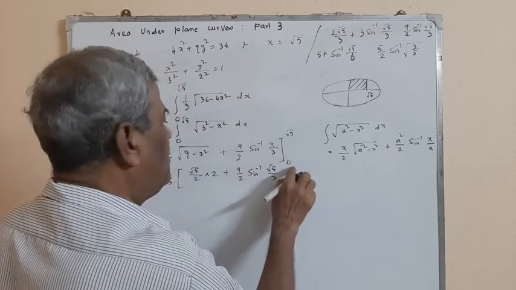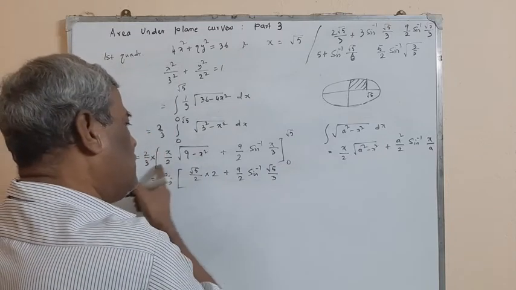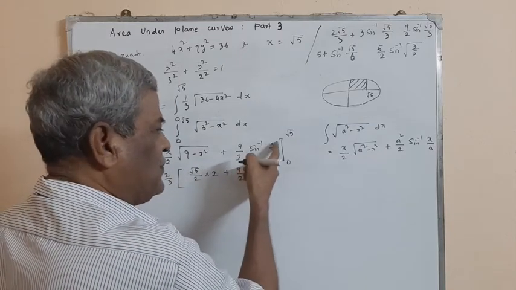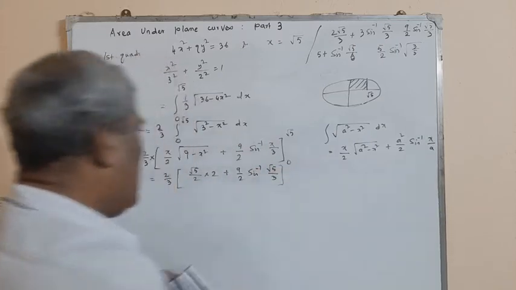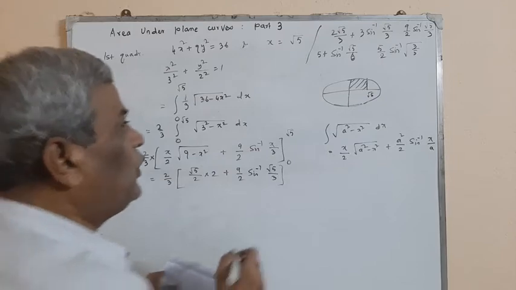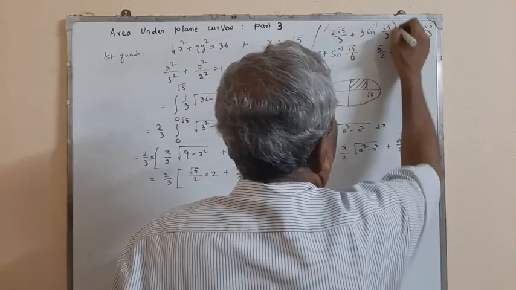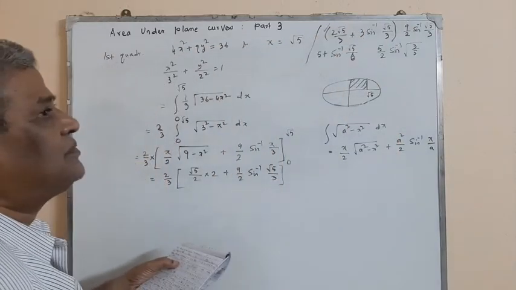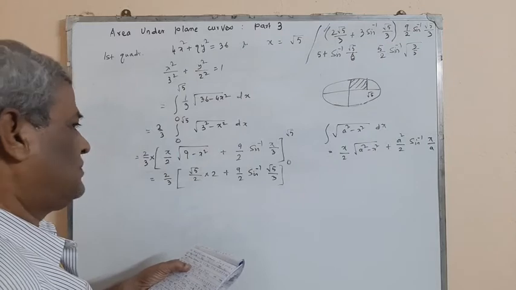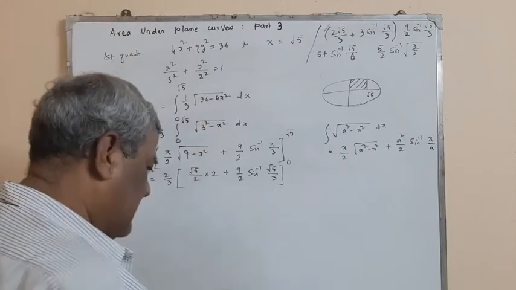When I put the lower limit 0, the whole thing is 0, and for x equal to 0, sin inverse 0 is 0. So after simplification, it will be this one. The first option is correct. Okay, this is the correct answer.